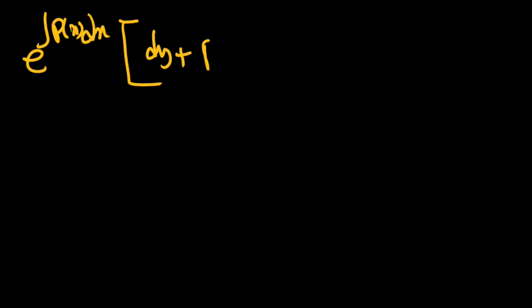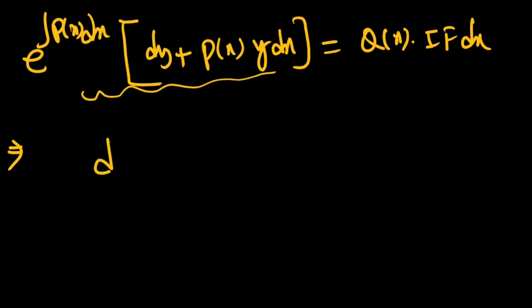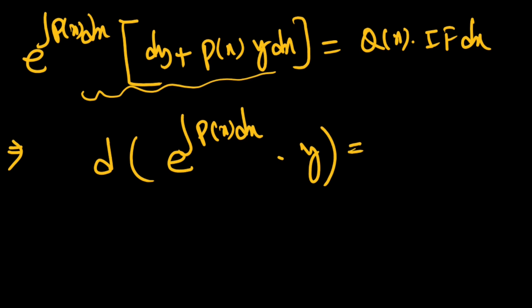The integrating factor is e to the power integration p of x dx, multiplied by dy plus p of x y dx, is equal to q of x into integrating factor into dx. Therefore, this term we can easily write as d of e to the power integration p of x dx into y is equal to q of x into integrating factor into dx.